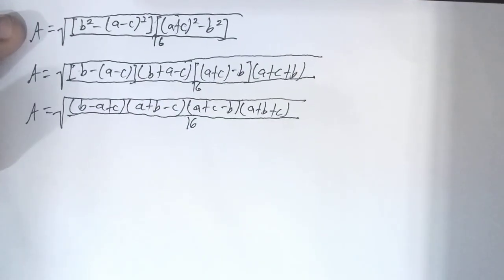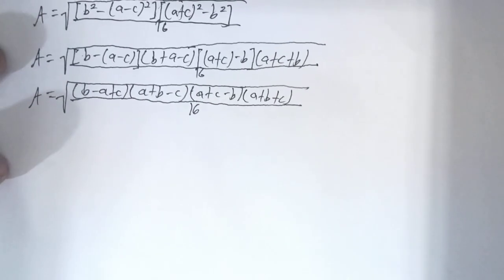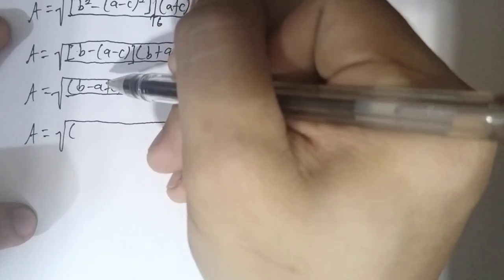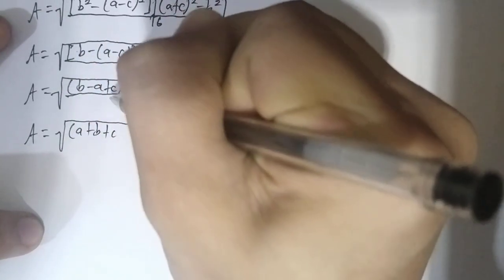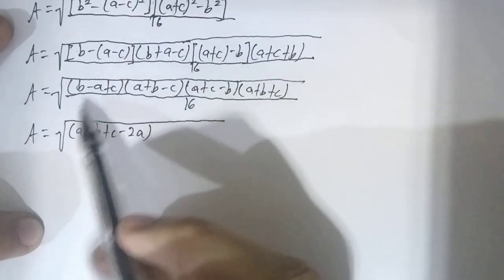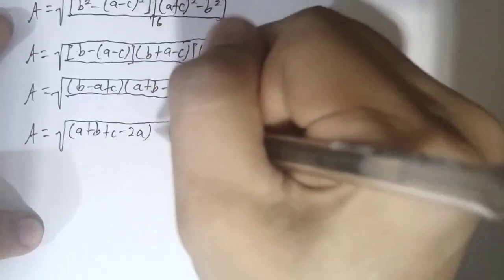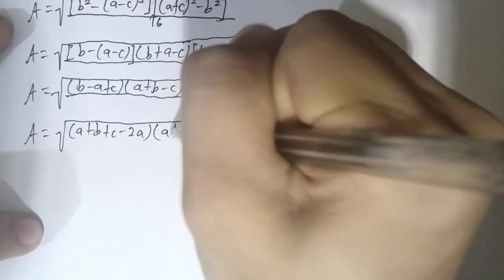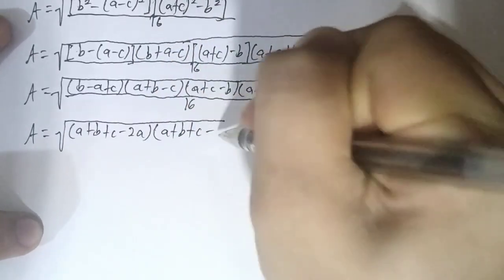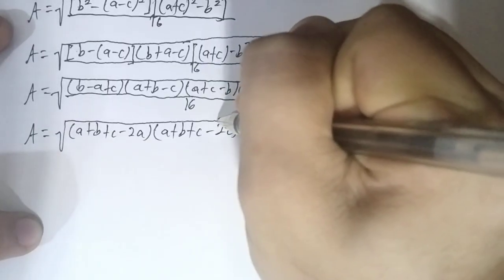Now notice all of this expression can be rewritten as follows. So A is equal to the square root of, a plus b plus c minus 2a, correct? Since if we evaluate that, we would return to our original expression, multiplied by quantity a plus b plus c minus 2c, right?